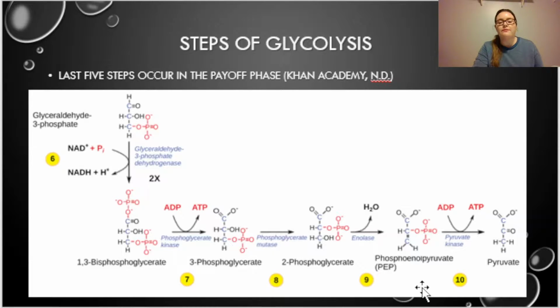And then for our 10th and final step of glycolysis, we're going to have a transfer of the phosphoryl group here. Okay, so the phosphate is going to come off. And then from there, we're going to create pyruvate. And again, we're going to create 2 molecules of pyruvate and have a net worth of 2 ATP molecules and 2 NADH molecules.